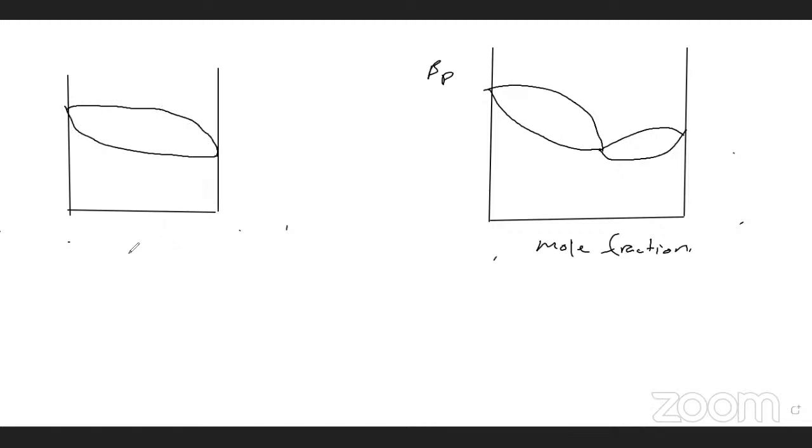I'm just going to call this a normal mixture. If you get a curve where the two lines meet somewhere in between, that is azeotropic. Once they meet like this, it is azeotropic.